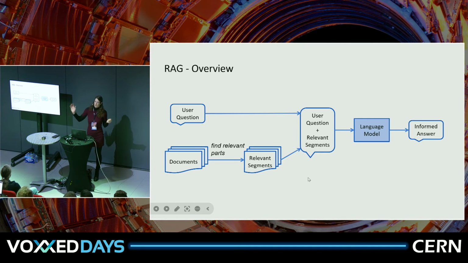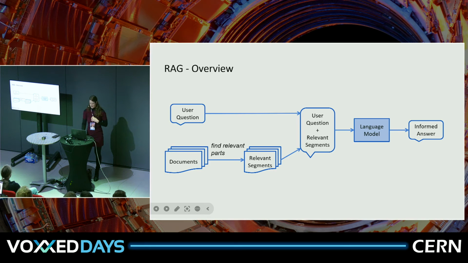But you can't just put all the documents in your context window, because it's going to cost you a lot, if it even fits in there. So we actually want to find only the relevant parts, and then give the user question and say, also answer this question only using, and then you add your segments there. And then the language model should give you an informed answer.